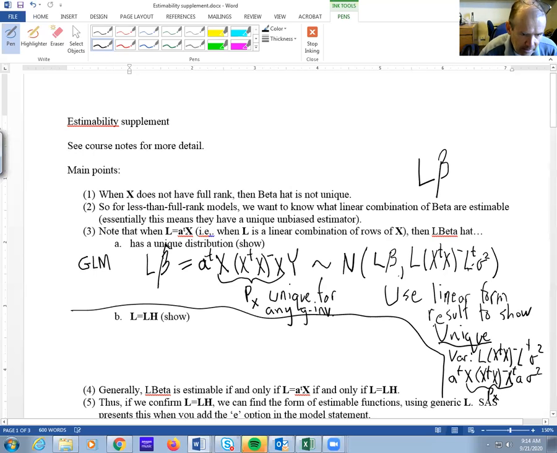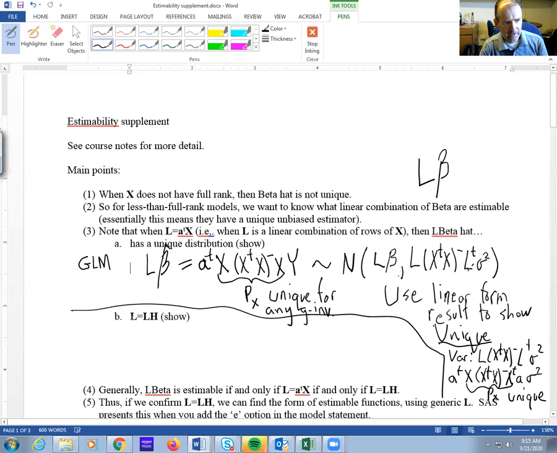So that's, again, unique. The whole point is that if you take a linear combination and L has this form A transpose X, then even if the original vector beta is not unique, L beta is unique.